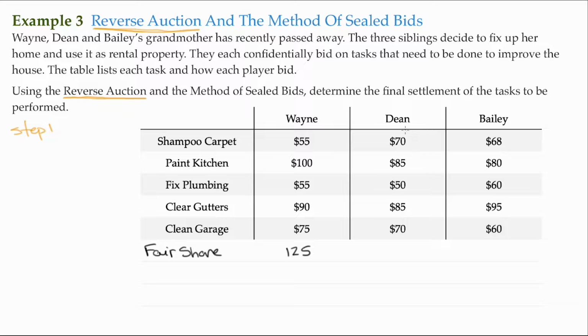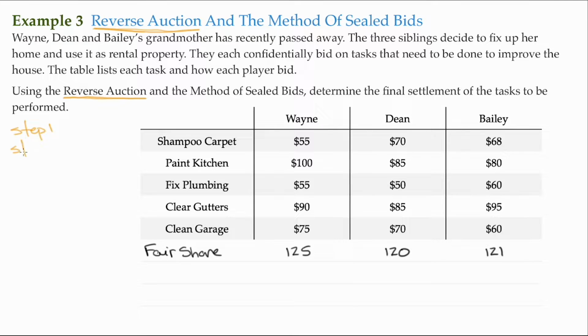We do the same thing for Dean. Add up all the tasks here, all the chores, or the jobs, however you want to look at it, that's $360. But if they're split amongst the 3 players, then he is expected to do $120 worth of the work. And the same way with Bailey, add up them all here, divide by 3. That comes out to be $121 worth of work that Bailey expects to do.